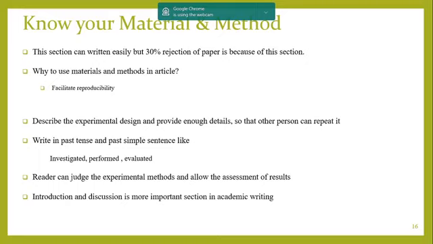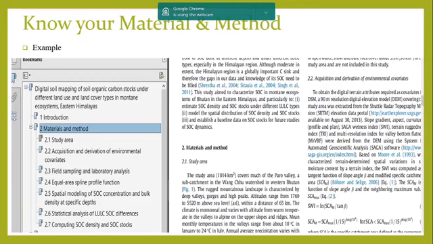In your research paper, in the materials and methods section, always try to use the past simple tense, with words like investigated, performed, evaluated. For example, I am showing some part of an article.